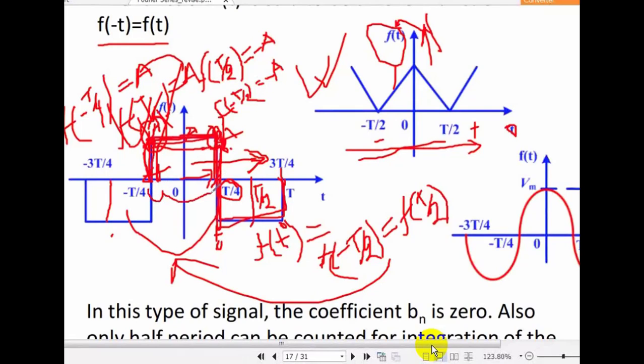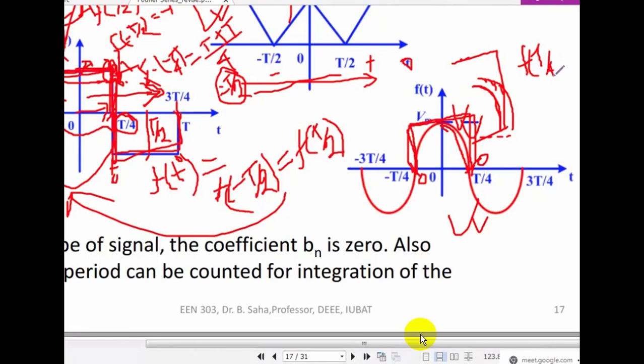How can you say one cycle? Looking at it, it is half cycle, and even if you do the math, it becomes half cycle. Look, T by 4 minus minus T by 4 is T by 4 plus T by 4, so what is coming? T by 2. So T by 2 is half cycle. Clear?